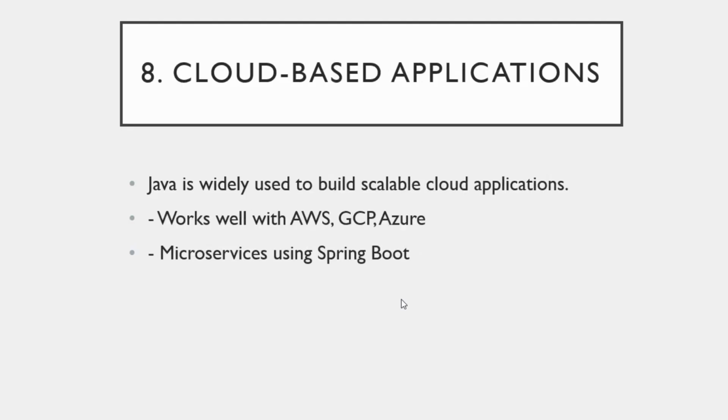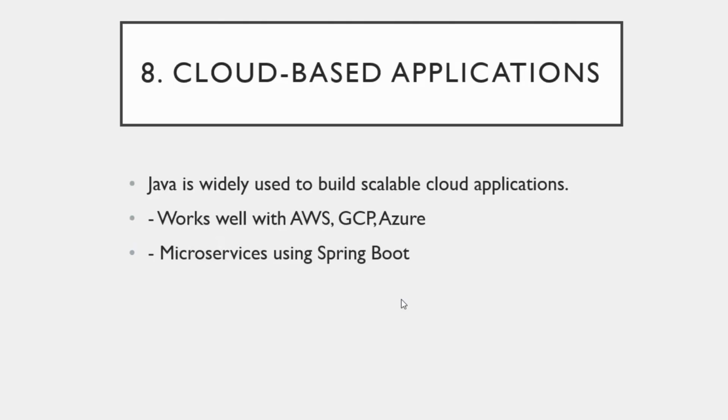The next type of application that we can create using Java is cloud-based applications. Java is widely used to build scalable cloud-based applications. It works well with AWS, GCP, and Azure, which are cloud providers.